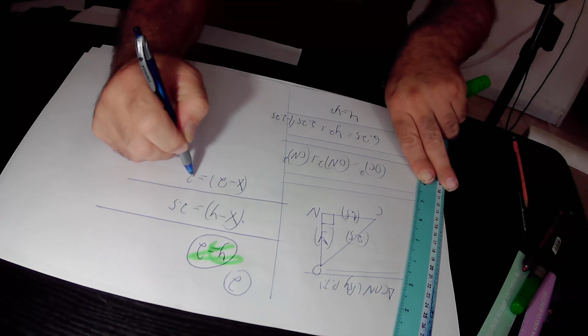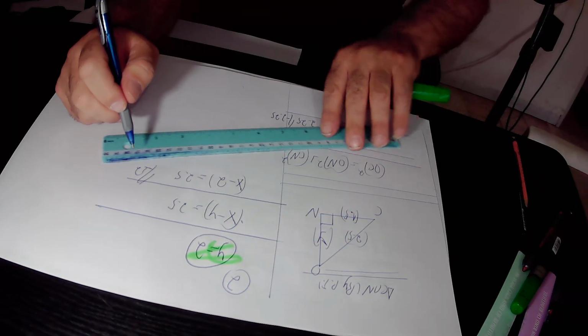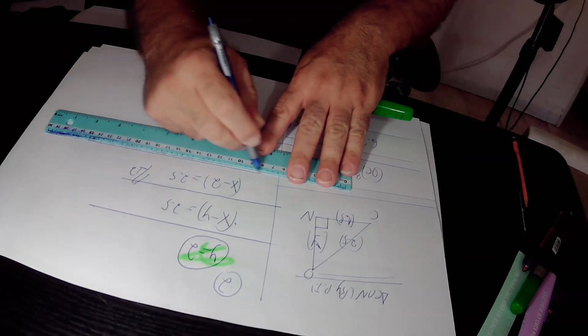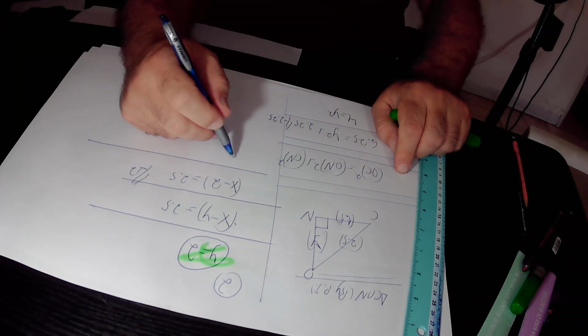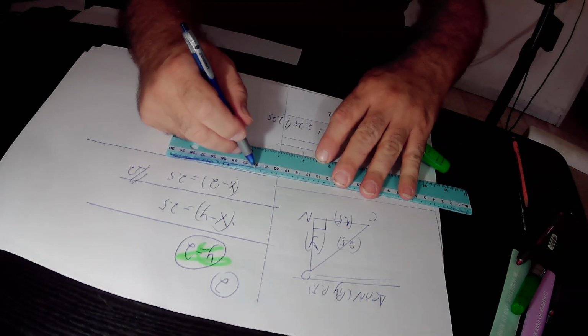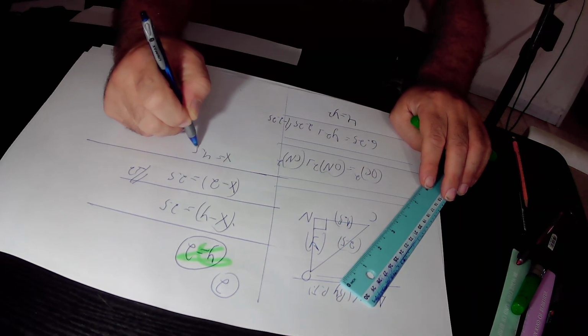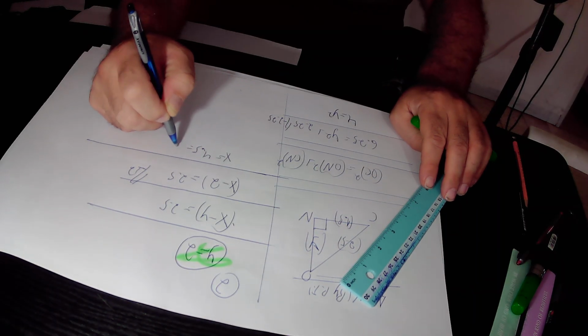This equals 2.5. Here we add 2 to the equation, and finally get that x, the radius of the semicircle, equals 2 plus 2.5, which is 4.5. X equals 4.5 units in length. 4.5 is 9 over 2.